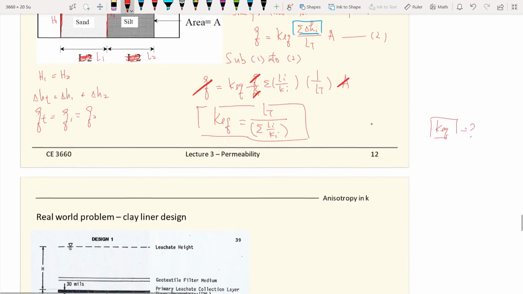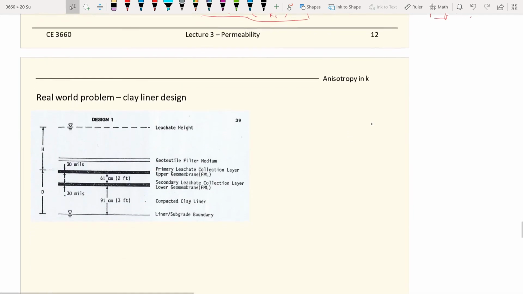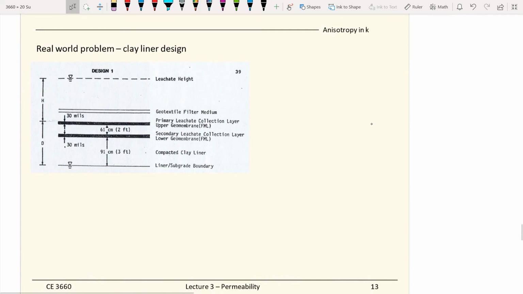So next slide, let's work on examples together. This is kind of a real-world problem in the landfill business, when we try to design what we call the clay liners for our landfill project.